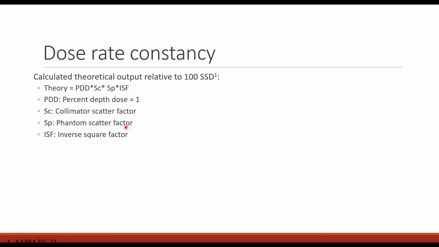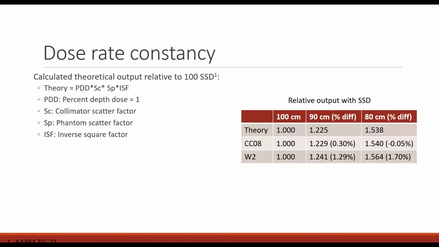Then we used our phantom scatter factor measured in-house and the inverse square factor according to the field size at the detector. The table on the right shows the theoretical increase in the output with SSD and the increase measured by each detector. The percent difference is shown in parentheses.